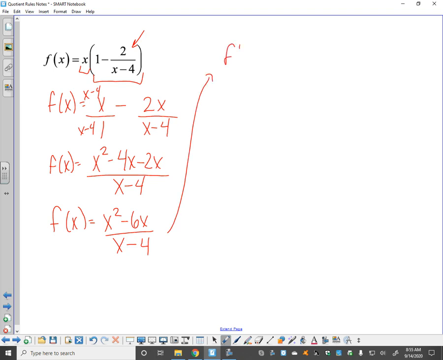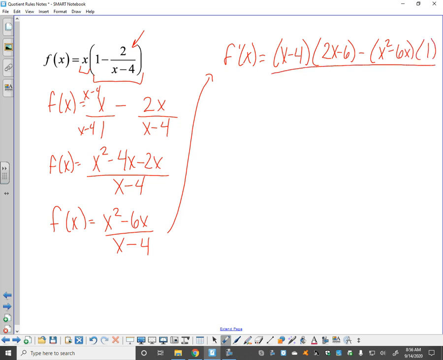Now I'm going to go derivative. Now I cannot pull this one apart and clean it up. This is a quotient rule all the way through. So low d high minus high d low over low low.